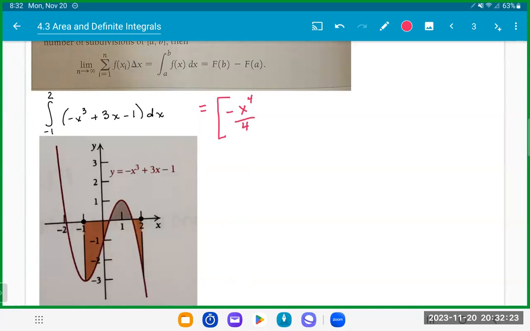Plus 3x becomes 3x squared over 2, since 1 plus 1 is 2. Minus x, because it's just 0 plus 1, so x over 1, and we don't really need to have that 1 in the denominator. We're going to evaluate this from -1 to 2. Okay, any questions so far?